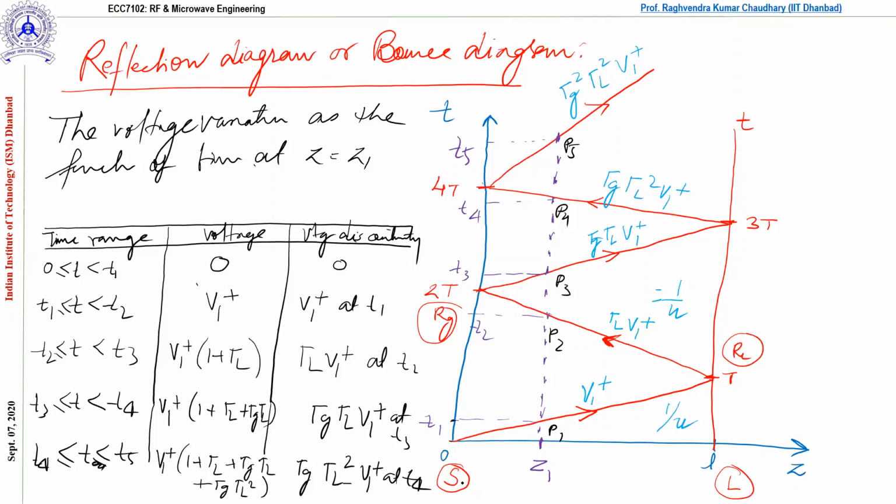So the thing is, one can make the table. It would be easy to understand. Now, if I ask you to draw the things, how will you draw at any specific location? We already have seen at any particular time how you will do it. So let us try to understand how we can draw.